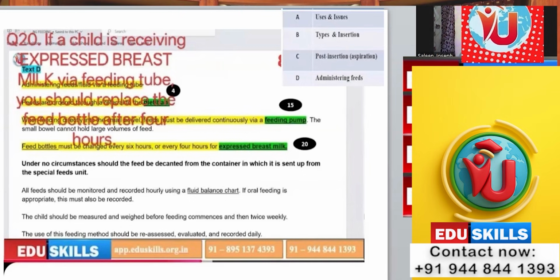So our answer is expressed breast milk. So again we have to check the spellings and which text it belongs to. So it belongs to text D. So we got the answer in text D. If you can see here, it is underlined in green. So that is our answer.